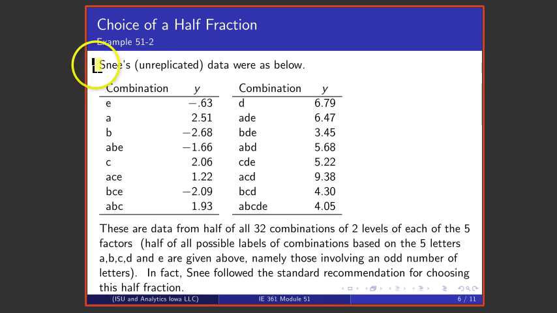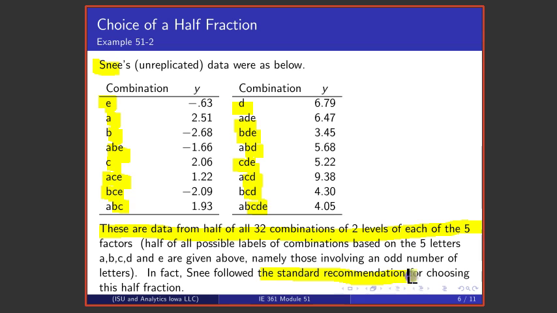The particular half fraction that he used led to these combinations, and the listener is encouraged to write out all combinations of A, B, C, and D, and then do the multiplications to get the corresponding level of factor E. And in fact, what one then gets is half of all 32 combinations of 2 levels of each of the 5 factors.